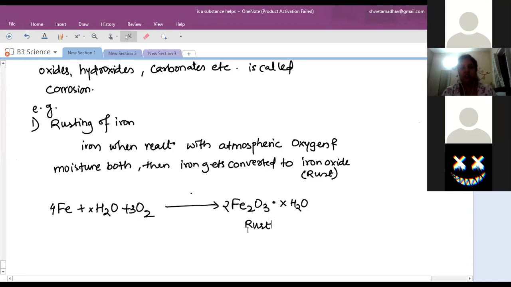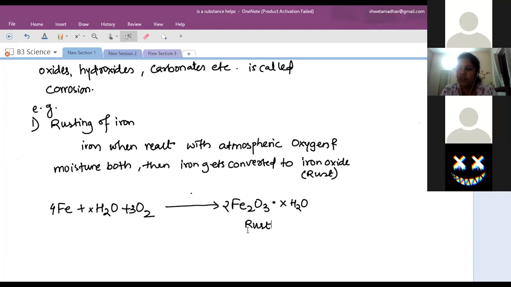So this is the reaction. Iron, when exposed to the atmosphere, needs both oxygen and water. It reacts with them together and is converted into rust. That rust is a flaky, non-sticky substance, so it won't stick to the metal. The layer gets converted into rust, and that rust gets removed. Now the next layer will come in contact with moisture and oxygen and keep rusting.